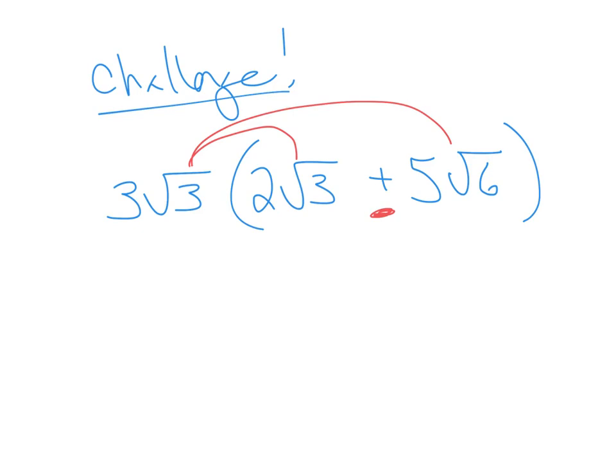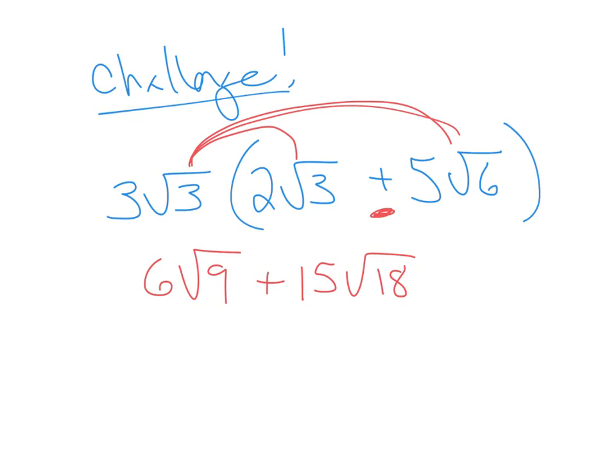3 root 3 times 2 root 3 is going to give me 6 root 9, and that's going to be 3. Maybe it'll help you if I do this. 6 root 9, I'll get that in a second. And then 3 root 3 times 5 root 6 is going to be positive 15 root 18.